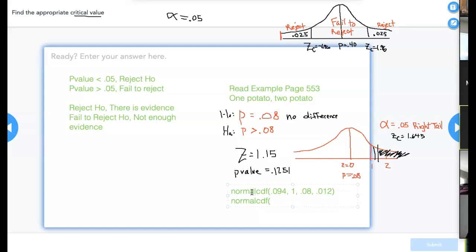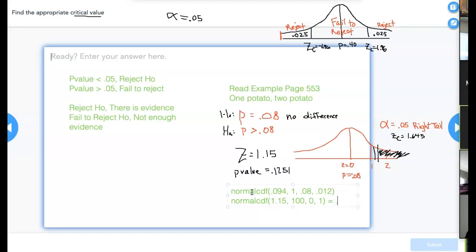The z-score was 1.15. We need to use a big z-score because I'm going to the area to the right of 1.15, like the picture shows, page 554. The mean of z-scores is 0, and the standard deviation of z-scores is 1. So they both should give us 0.1251. Let me do that on a calculator.